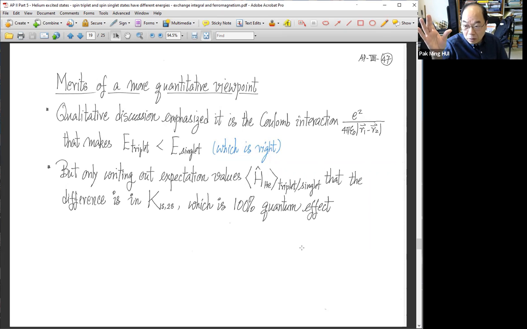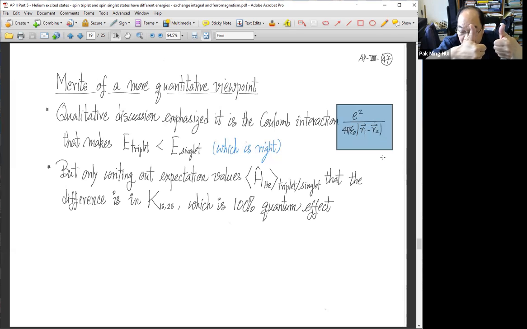Spin plays a role, but it is this Coulomb interaction, the electron-electron repulsion, that leads to the difference in the energy. You see, put this thing in the middle, that will give us this exchange term. So the origin of preferring spin alignment over S equals 0 comes from the Coulomb term. Okay, it's a highly non-trivial point.